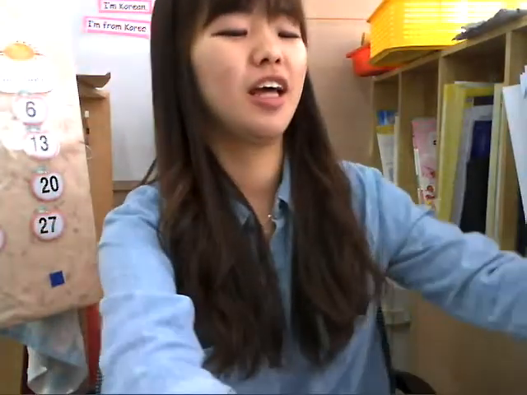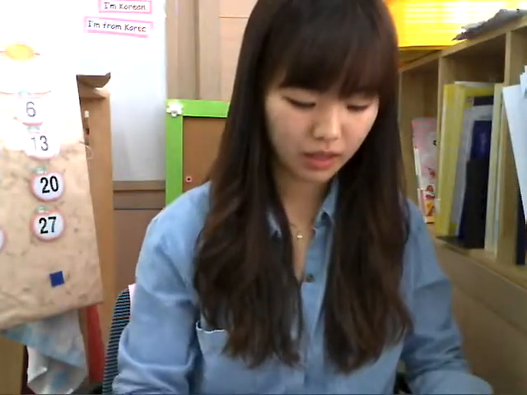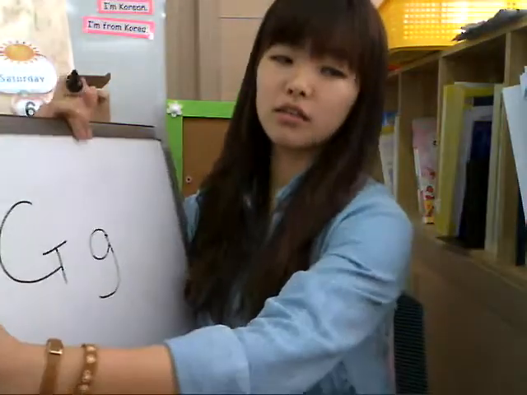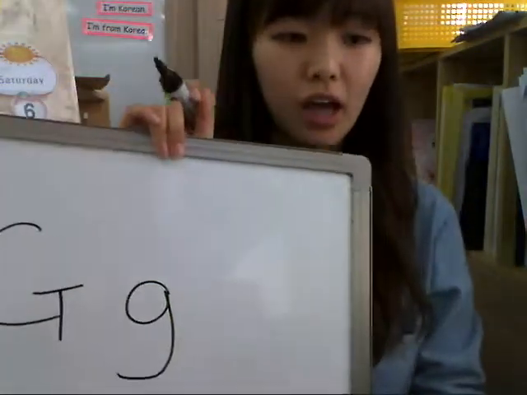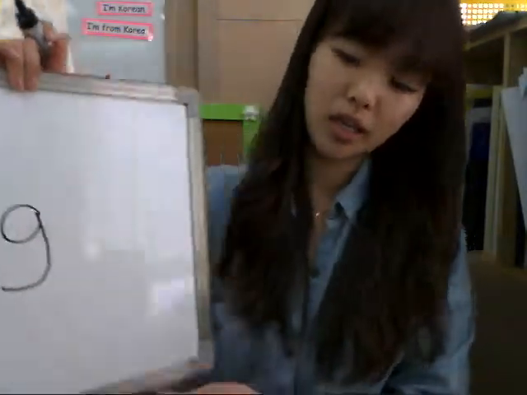And today we will be learning the letter G. And what sound does G make? So, how do we write G? Let's start with that. G. But what kind of sound does G make?